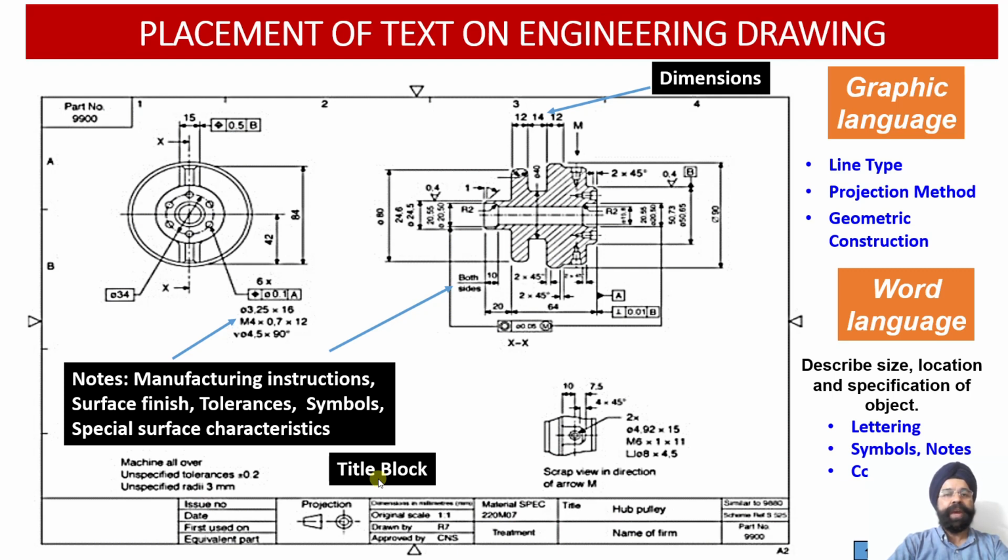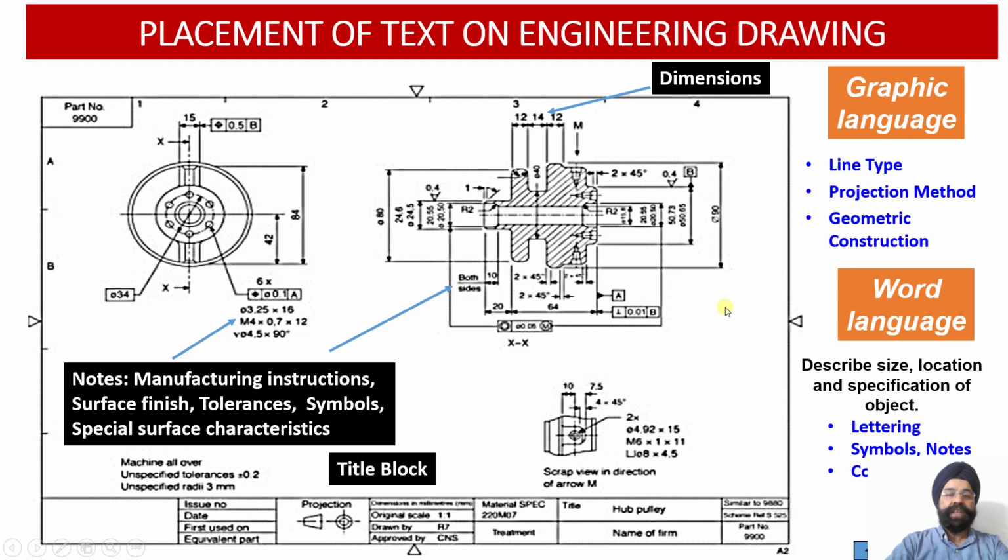And if we want to have our manufacturing carried out in an error-free mode in the most economical manner, only then will it be possible when we have the perfect graphical language as well as adequacy regarding the word language.